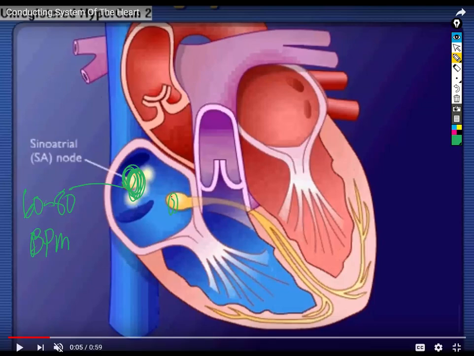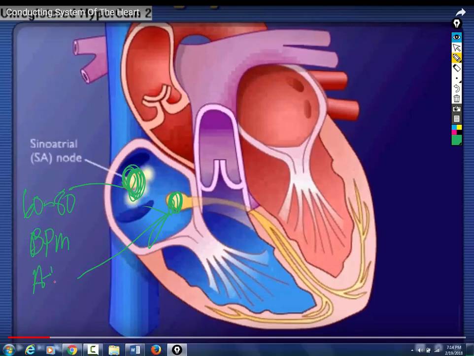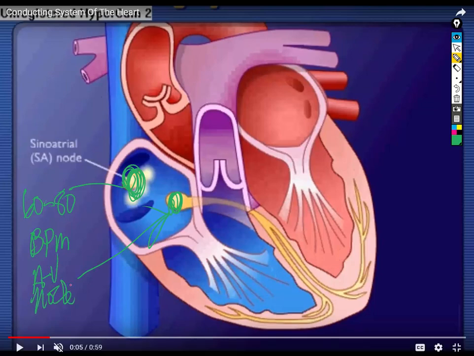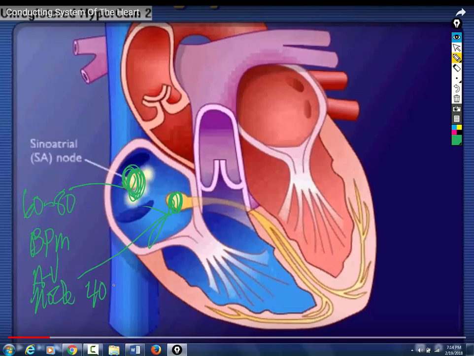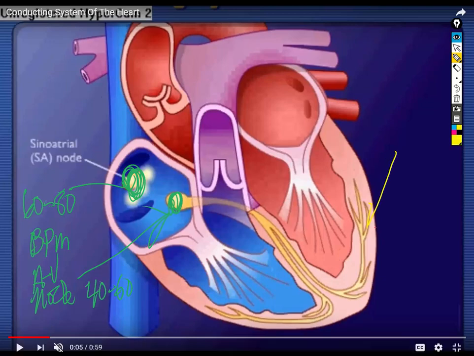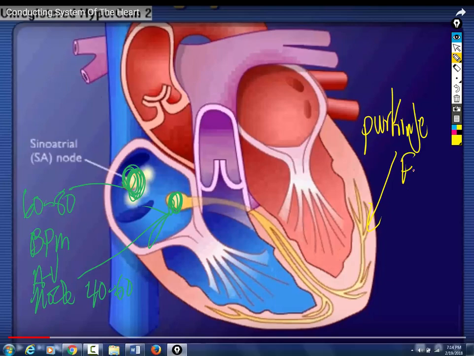The next potential pacemaker is the AV node, and the AV node has an intrinsic rate of 40 to 60 beats per minute. And then finally, you have the Purkinje fibers. And the Purkinje fibers, they have an intrinsic rate of 15 to 30.